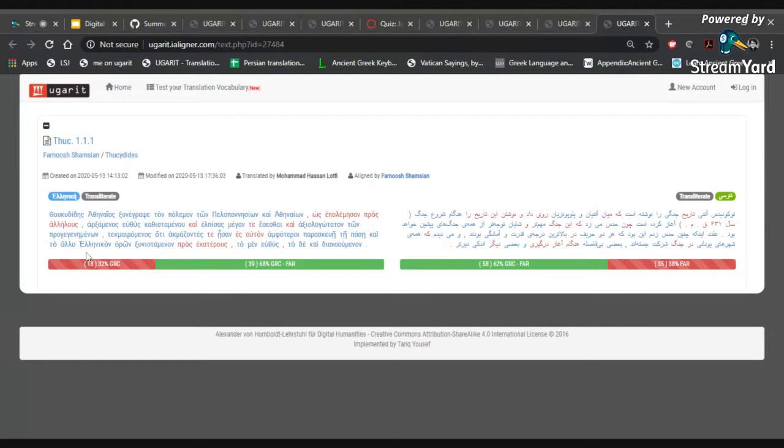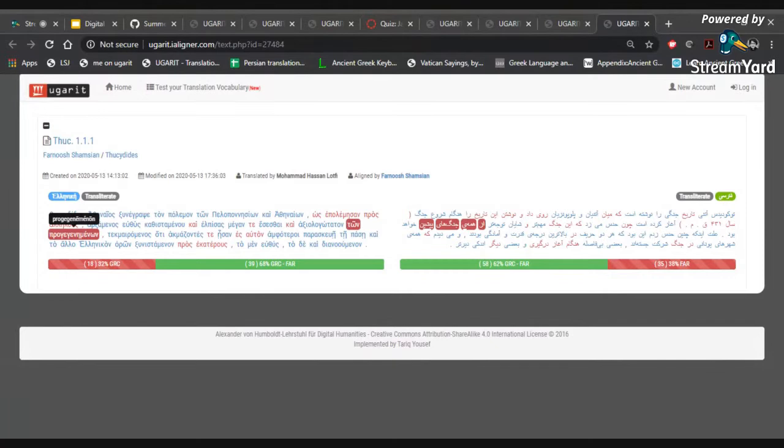For example, if you look at these words, you see that I have 4 words in Persian aligned with this, because the Persian words mean "from all of the previous wars." But we have one definite article and one word in Greek.